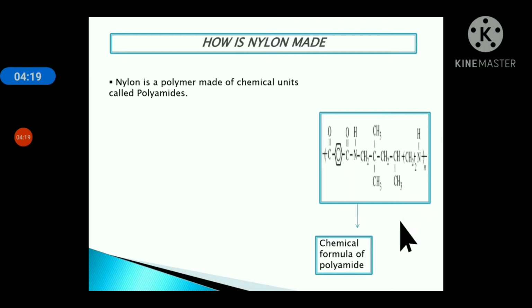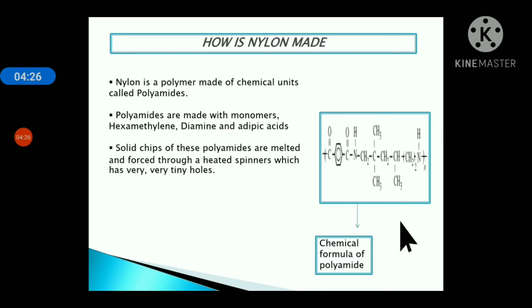Polyamides are made with monomers hexamethylene diamine and adipic acid. What is a polymer? A polymer is a unit of many monomers, a long chain of monomers you studied earlier.